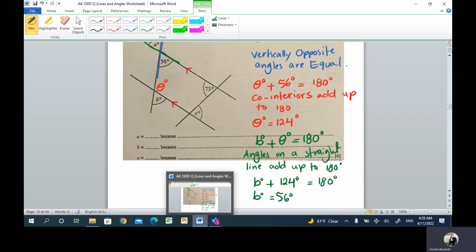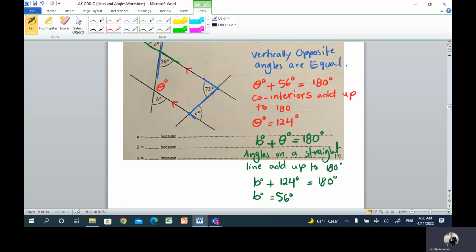Okay. So we found B now. Okay. So in order to find C, let's have a look at this parallel line. You keep moving on the line that is crossing both parallel lines until you reach this point.